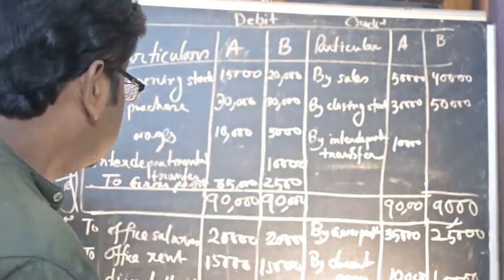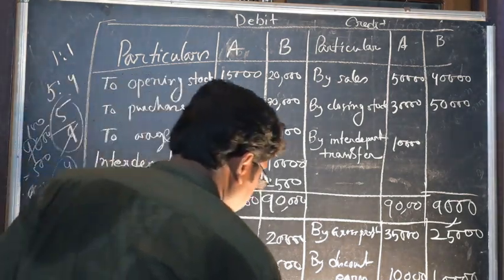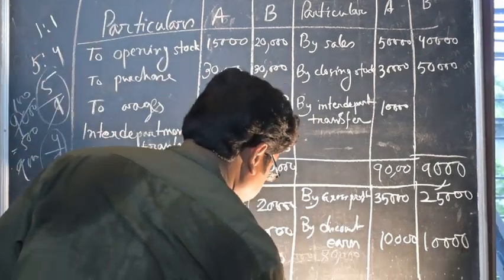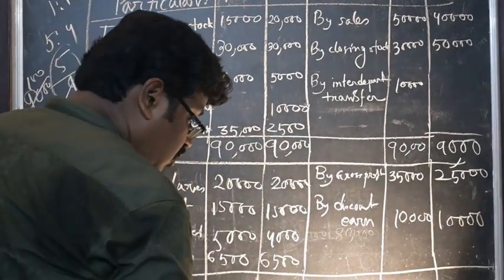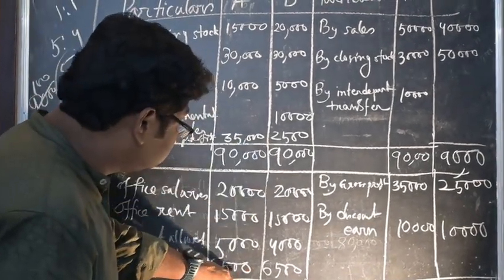Now we take the total. If you add these numbers, you should tally.